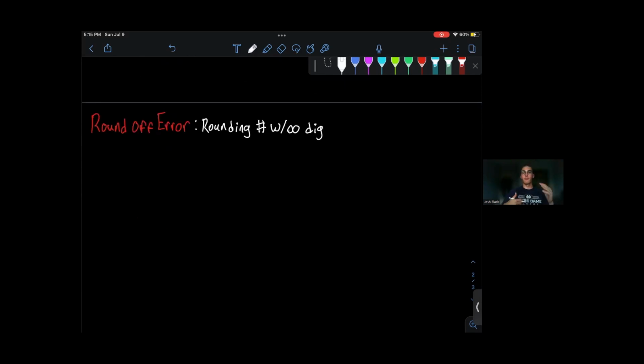Now, before we can truly understand round-off errors, we need to understand how computers take into account numbers, or how computers can display numbers. In the human world, we display numbers using a decimal system, which is base 10.